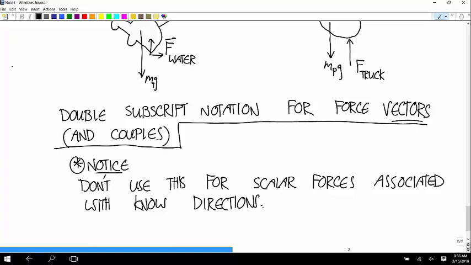If you do, it's really easy to get directions backwards when you use Newton's third law. So that's why we're not going to do it.